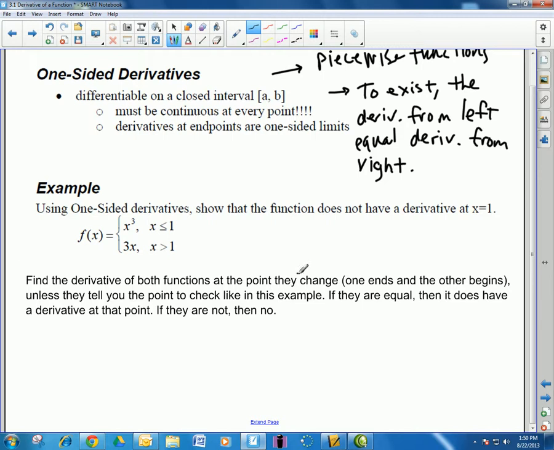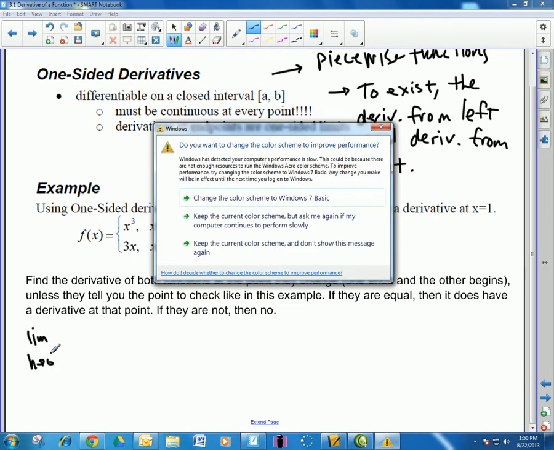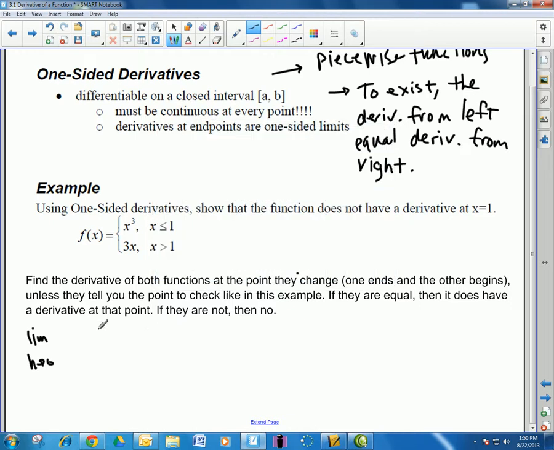So, for example, for the first one, we're going to find the derivative. And if they're equal, then yes, the one-sided derivatives exist. If not, then no. So we're going to find the derivative of x to the third, so you'd have the limit as h approaches 0 of 1 plus h quantity to the third minus 1 to the third, all over h.